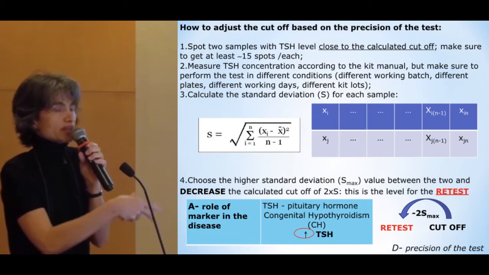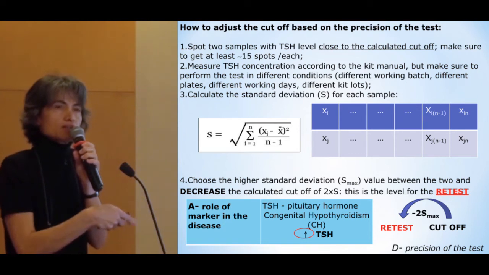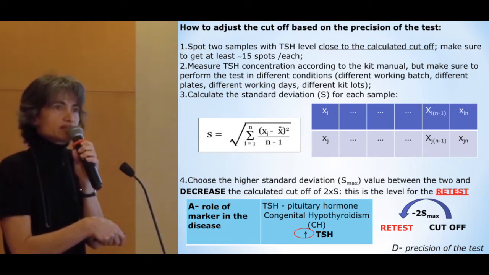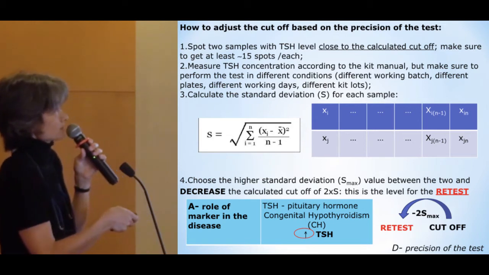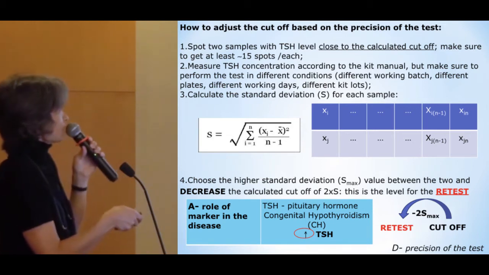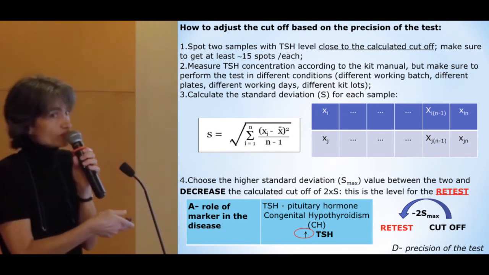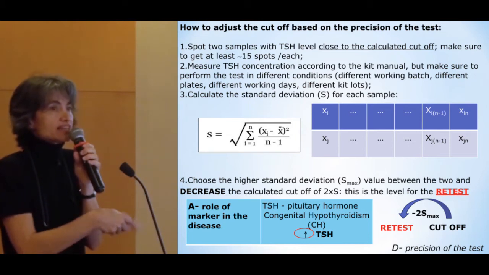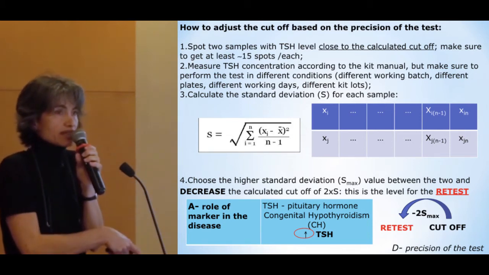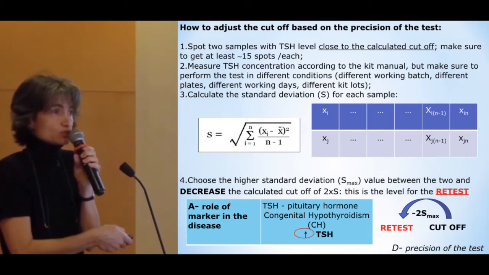You can make a pool of blood donors, or maybe use the QC that you find in the kit, of course, if it is close to the calculated cutoff. And make sure to have enough blood to spot at least 15 spots, because you have to measure the same samples all over again, okay, in different situations.